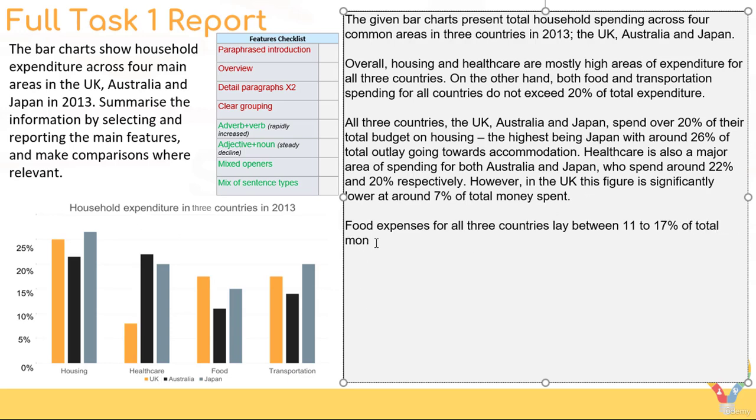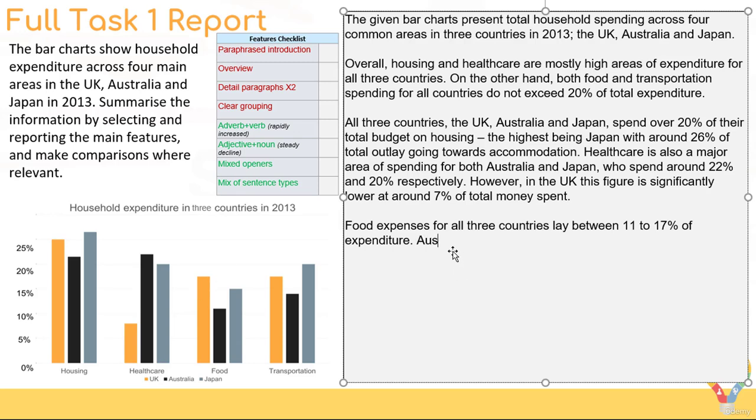I'm repeating myself again, so let's try and change something. Expenditure again is okay because we haven't said that recently. Okay, let's go into a bit more detail about the spending on food. Maybe I could describe the lowest and highest amounts. Australia is the lowest and the UK is the highest.